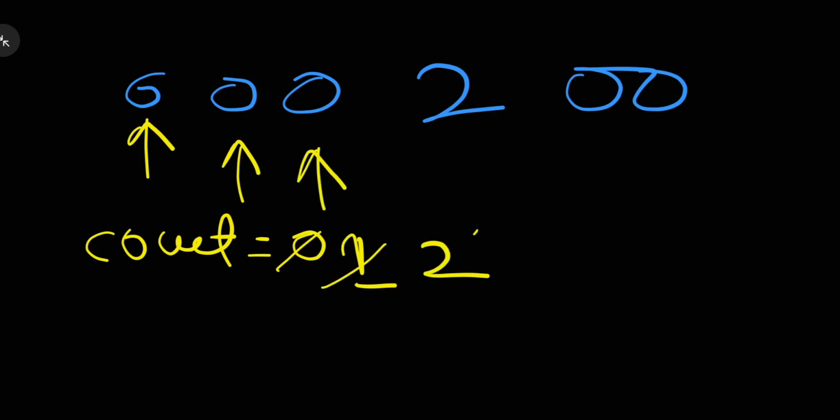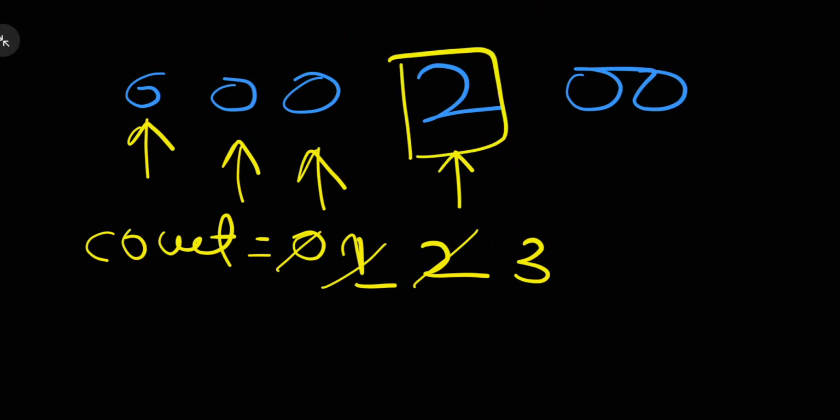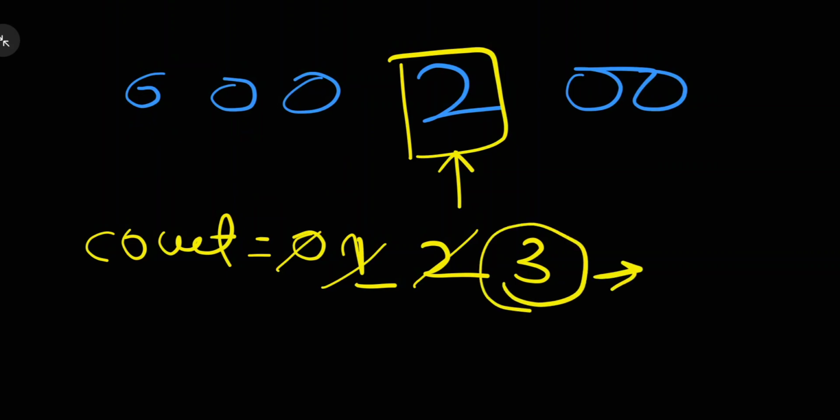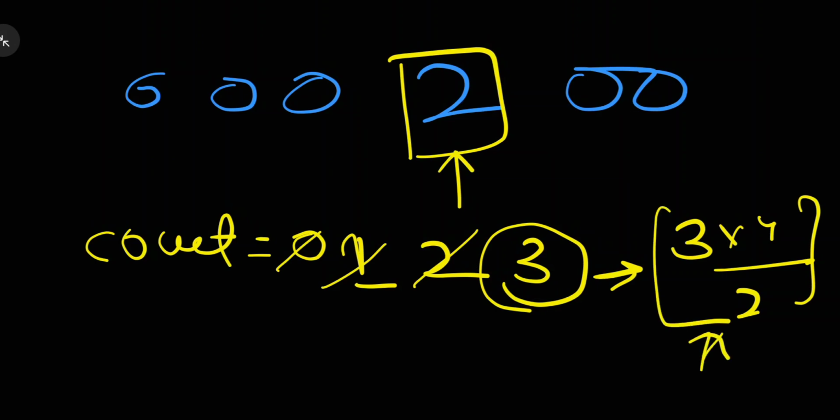Now I'm here, count says 3. Now the moment I reach here, it says I'm a non-zero element. And I say, there were 3 zeros on the left, continuous 3, right? There would always be continuous 3 on the left, and 3 into 4 by 2. I'll apply this formula straight away and count the number of subarrays.